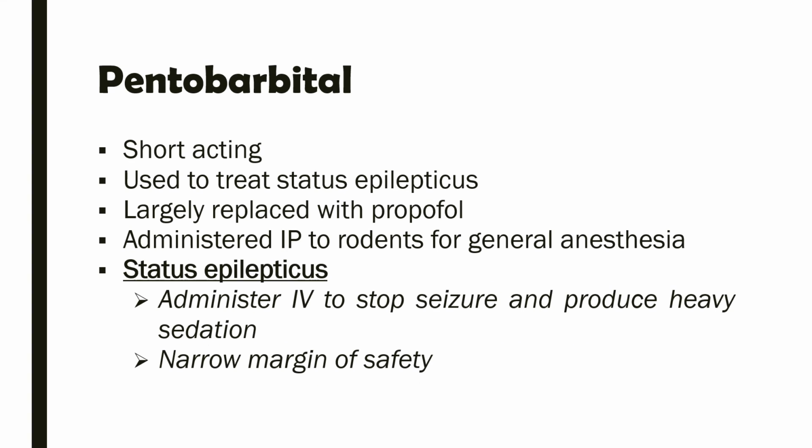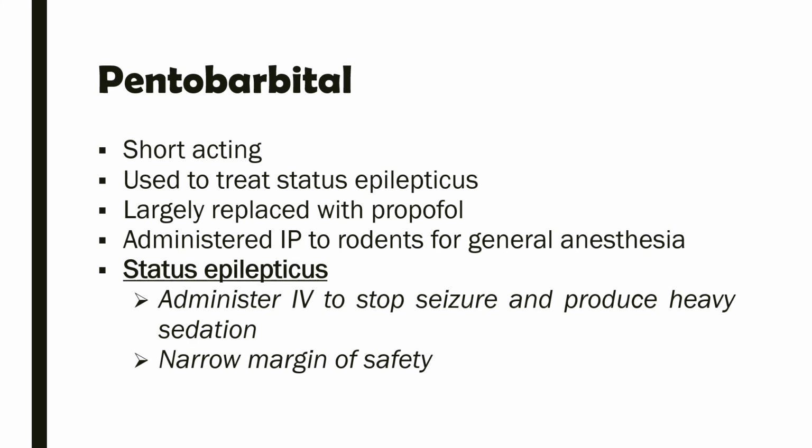Of the pentobarbital. So pentobarbital is of course a short-acting barbiturate. It is used to treat status epilepticus. So when we say status epilepticus, that is a seizure that lasts more than 5 minutes. So of course this is a life-threatening condition and this should be treated with, for example, an anticonvulsant, not to the dog, because this is lethal.